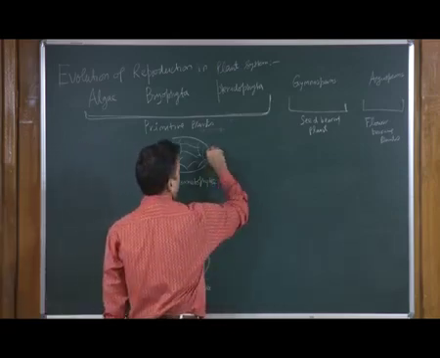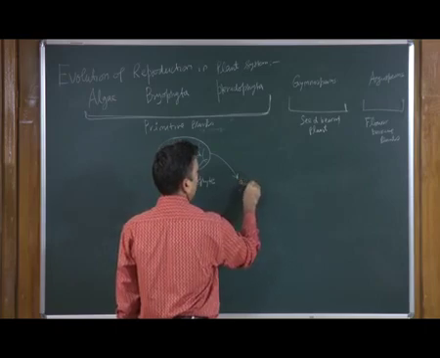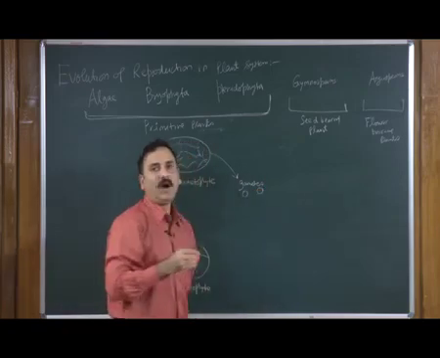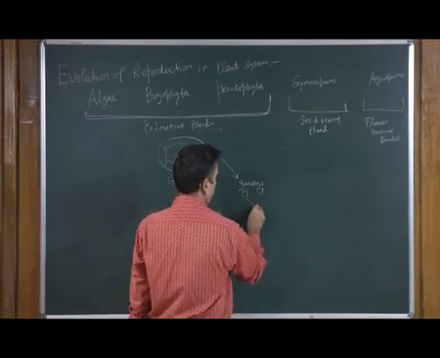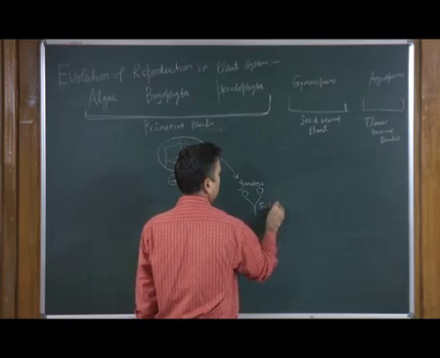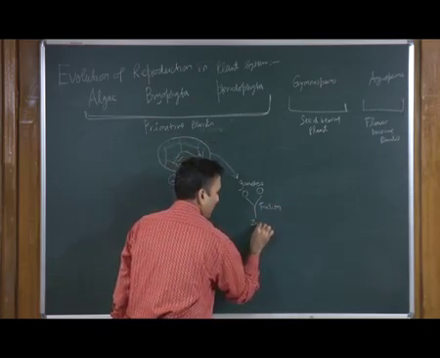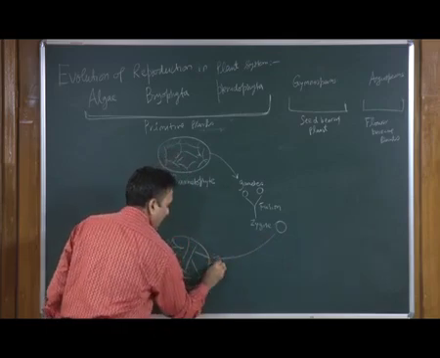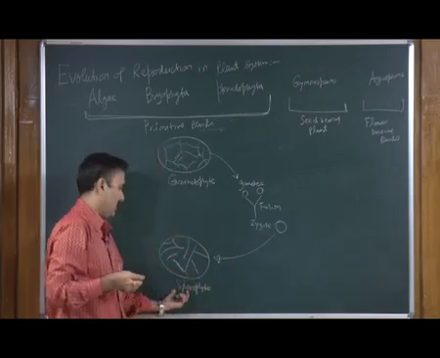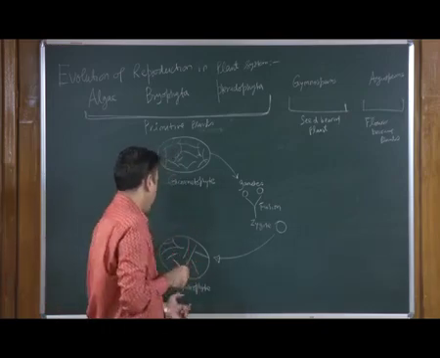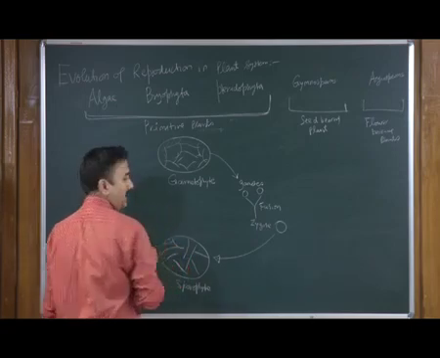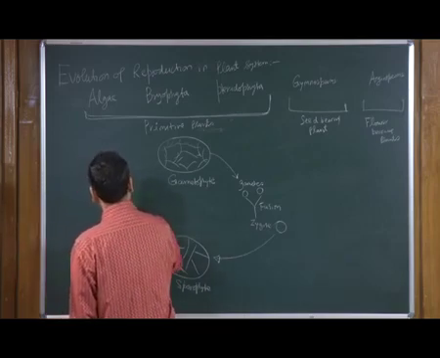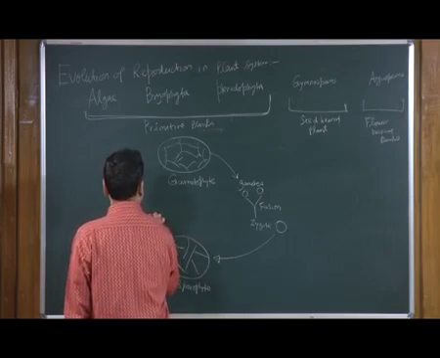So the gametophyte forms the gametes, and these gametes then go for fusion and form the zygote, and then the zygote evolves into a body known as the sporophyte. The sporophyte then goes for division, and it forms the different types of spores.